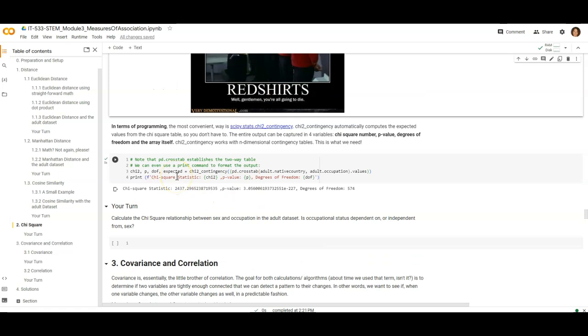So now I'm challenging you to calculate the chi-square relationship between sex and occupation in the adult data set, and to tell me whether the occupational status is dependent on or independent from the person's sex.